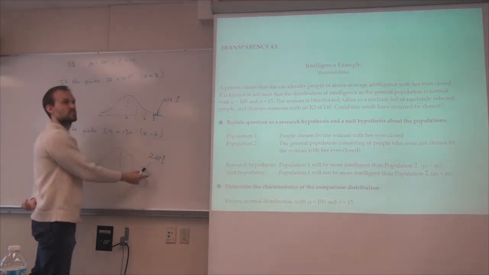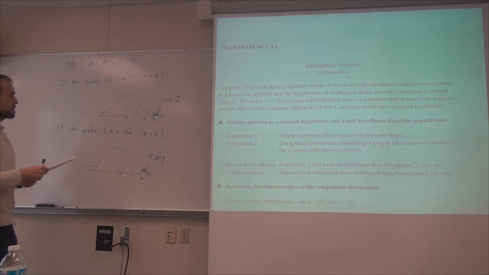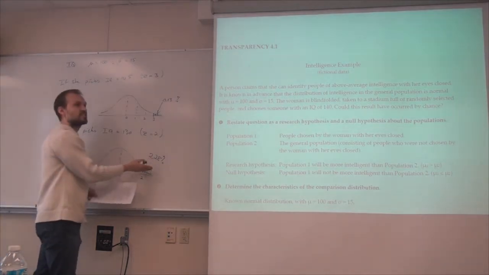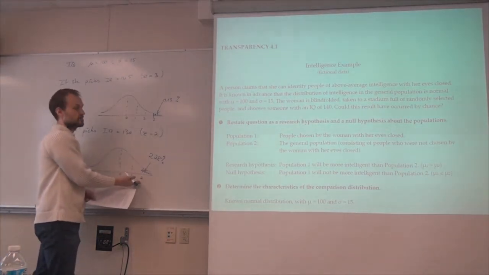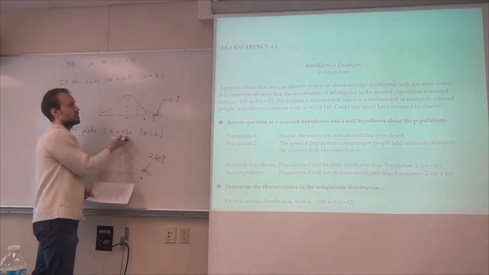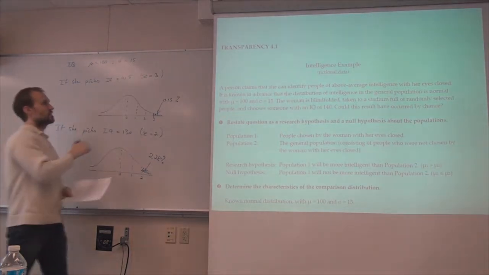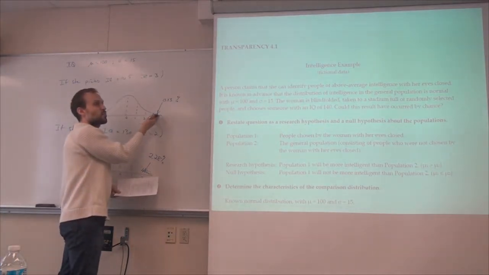Remember, my estimate was 2%. So the exact number is 2.28. So there's only roughly a 2% chance of getting this IQ value or better. Whereas if she picked someone with an IQ of 145, there was really only a 0.13% chance of that happening, or better.